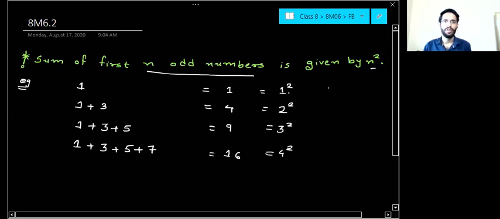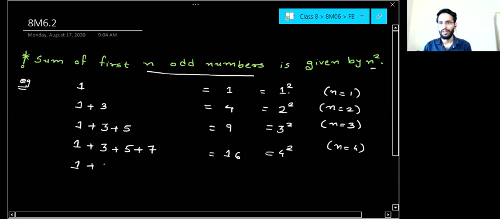So here n is equal to 1, here n equal to 2, here n equal to 3, here n equal to 4. Let me show you one more example. 1 plus 3 plus 5 plus 7 plus 9. 16 plus 9 will give you what? 25 or not? And 25 is 5 square. n is equal to 5.